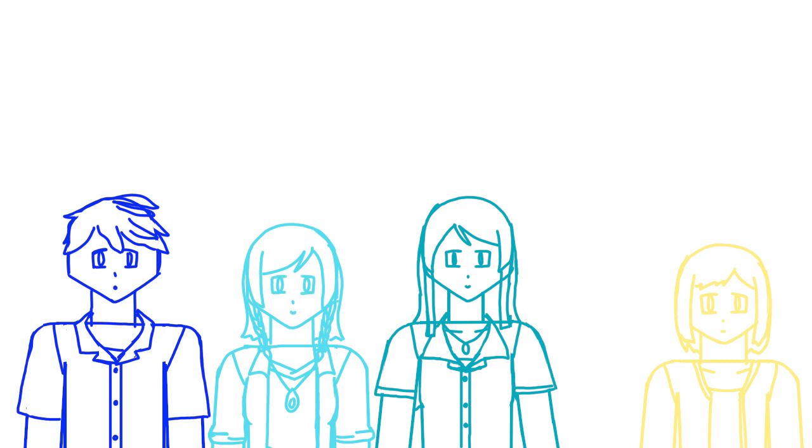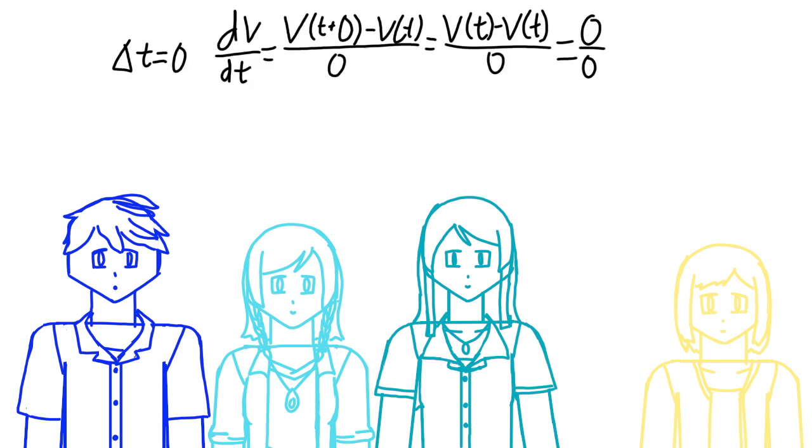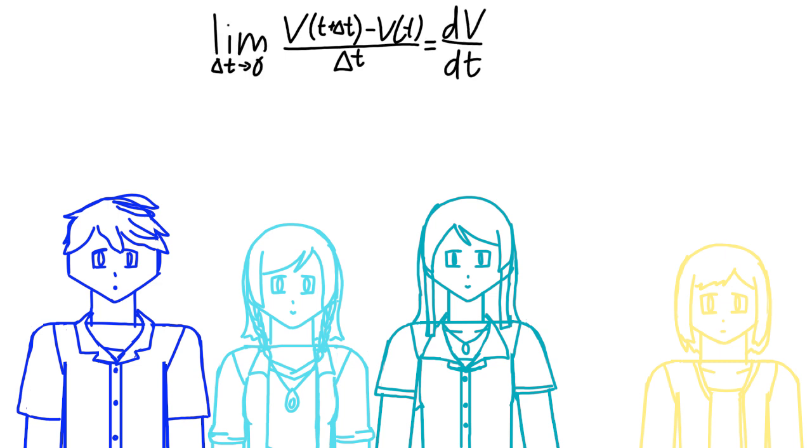Now that's all well and good for an interval, but for a single point in time, if you calculate it the usual way, you'll just get 0 over 0, and we don't want that. However, what we can do is let delta t get smaller and smaller, never letting it actually hit 0. That's what this part means. It says, as delta t gets closer to 0, this expression approaches some number. That number is the derivative of the volume function, written dv over dt.